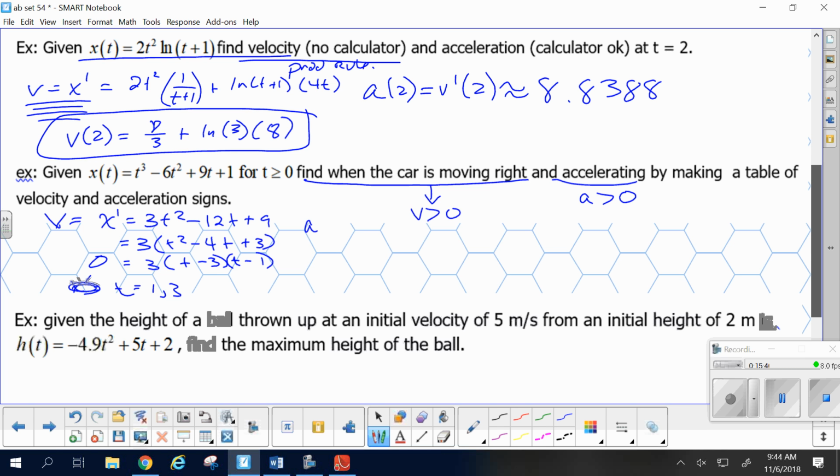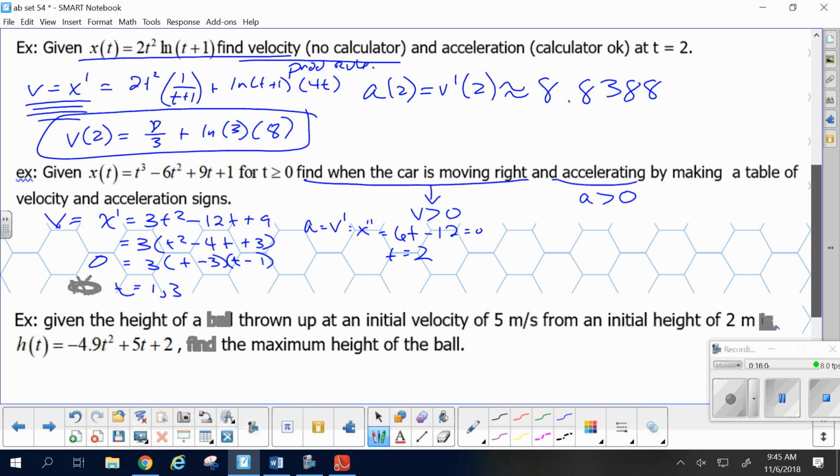Now let's talk acceleration. Is it the first derivative of velocity or the second derivative of position? What is the second derivative? 6t minus 12. Do you agree that this would change signs at 2? Now, let's make a super chart of movement, shall we?